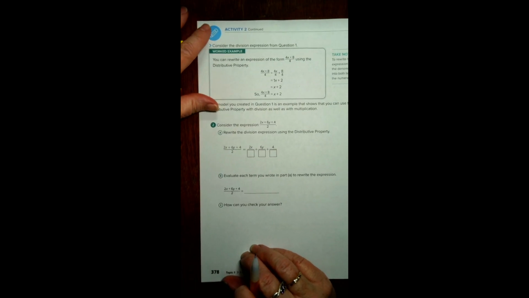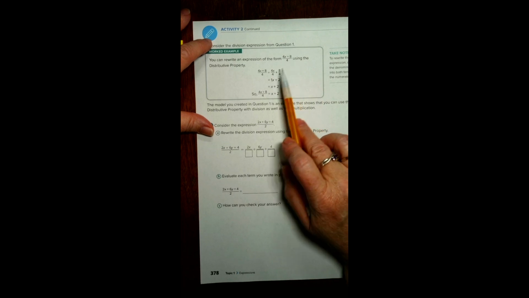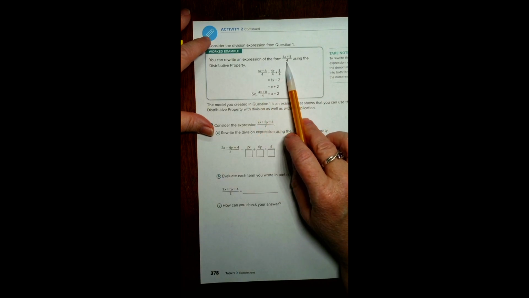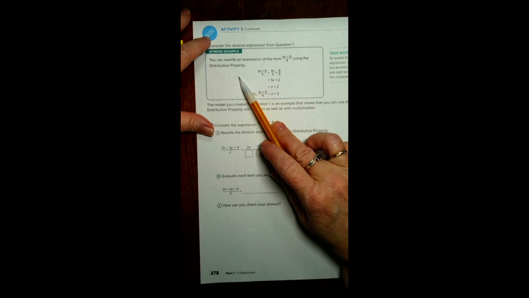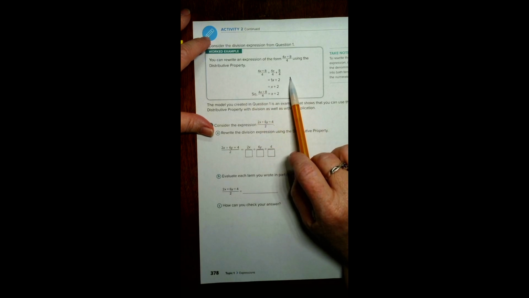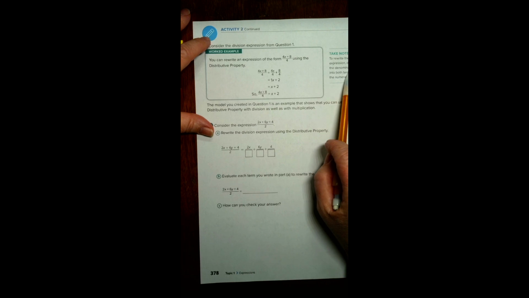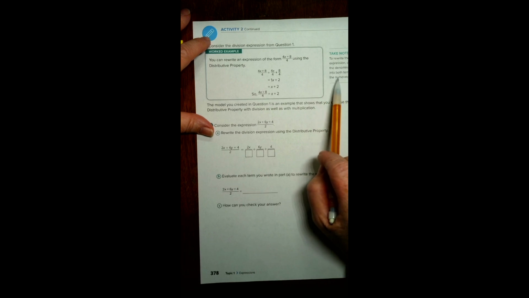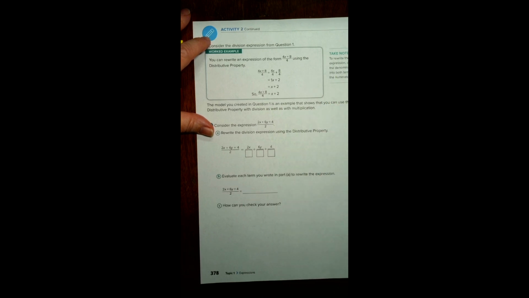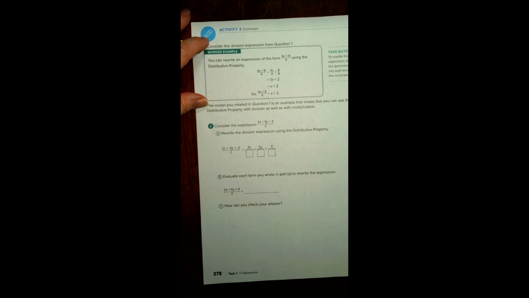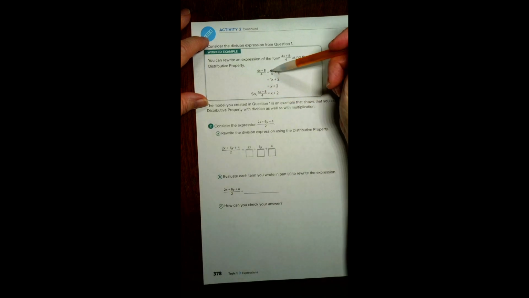Okay, moving on. Consider the division expression from question 1, which is here. You can rewrite an expression of the form 4x plus 8 divided by 4 using the distributive property. To rewrite the expression, divide the denominator into both terms in the numerator. Okay. Let's see. 4x plus 8 divided by 4 equals 4x over 4 plus 8 over 4.